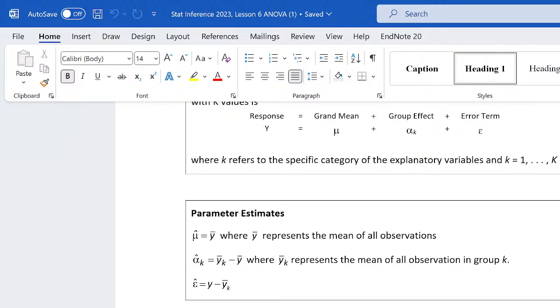The first two say maybe the female mice reacted differently across all the doses. But this one says there might have been a difference between males and females, but the difference was greater for the higher doses. That's called an interaction effect. So you see how we build our models. That's what I did in the other class: we started with this one, and then we built the other model, and then we built the other model.